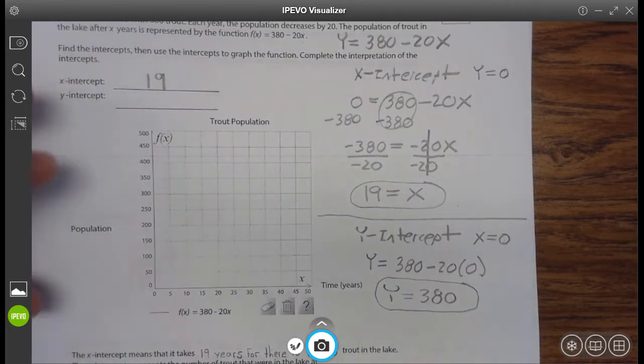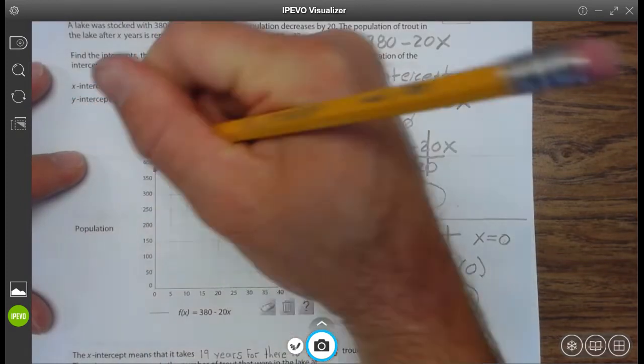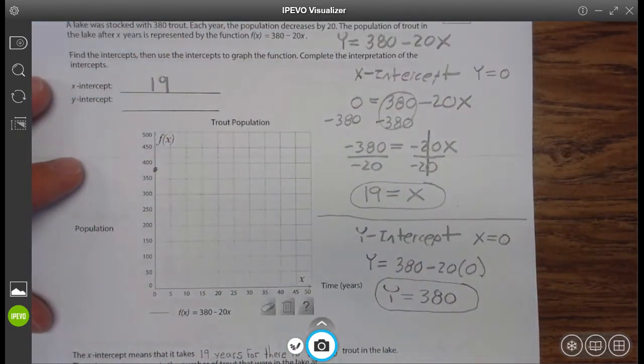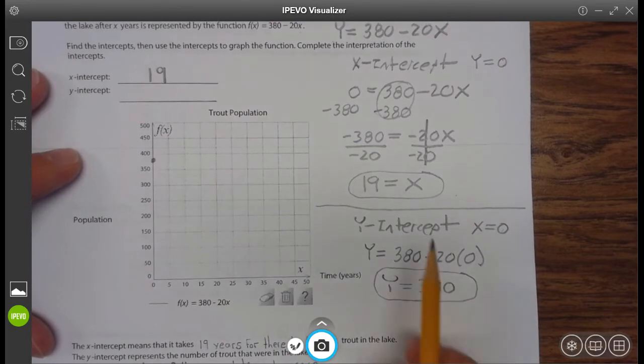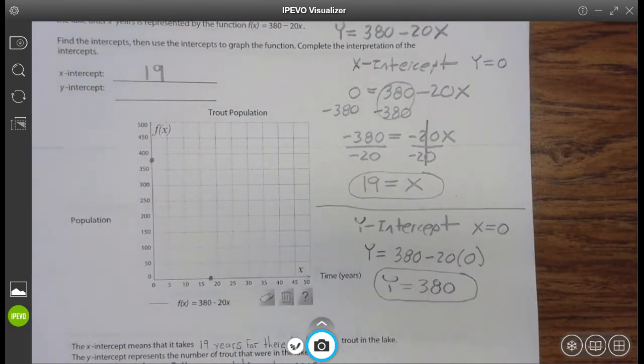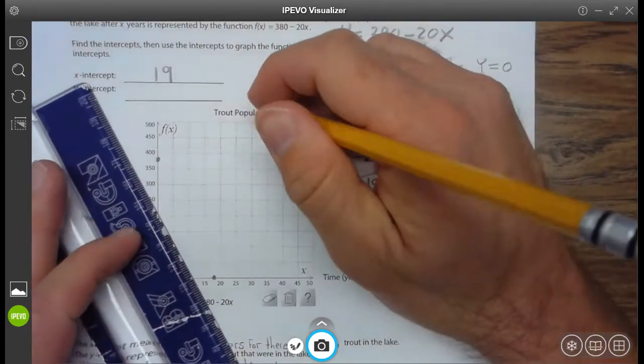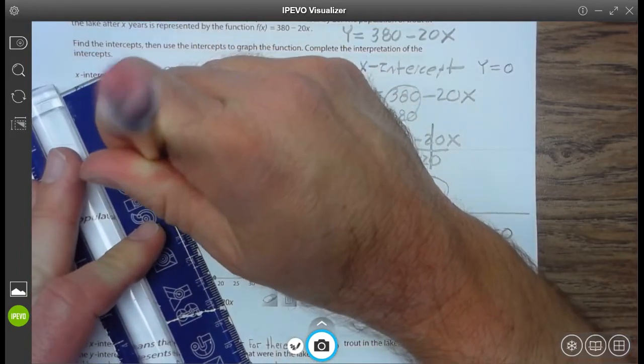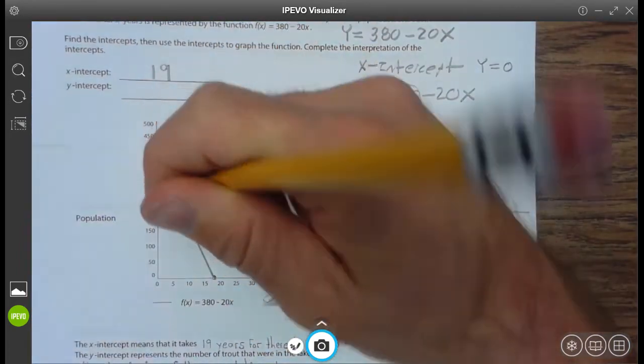Okay, so we're going to graph our points. 380 is approximately right here. So there's your y-intercept. And then 19 is your x-intercept. That's about right here. So we're going to draw our line.